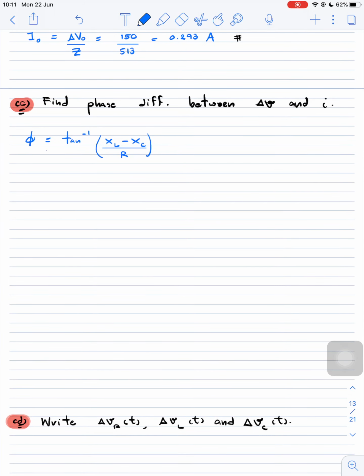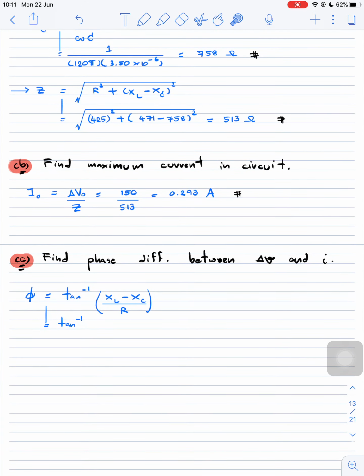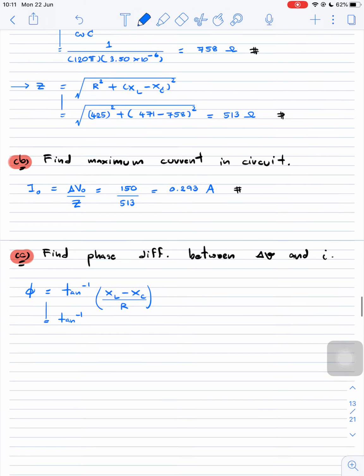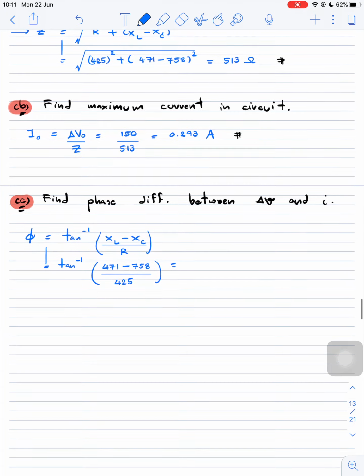Let's just plug in the values into this one. We have the arctan of XL, which is 471, minus XC, which is 758, over R, which is 425.